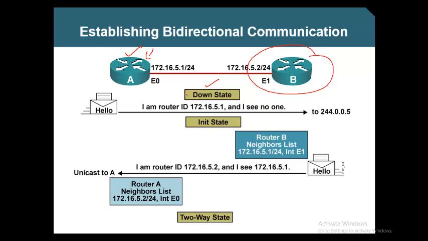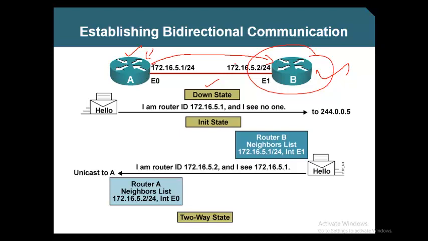Next. After we finish configuring OSPF on router B, the packet that goes from A will be accepted in B. So by default, it will be in down state, right? Yeah, see, very first time it will be in down state.